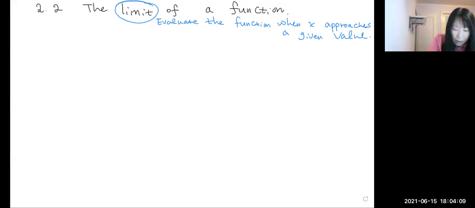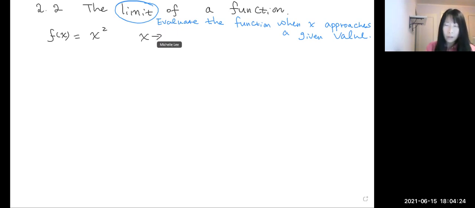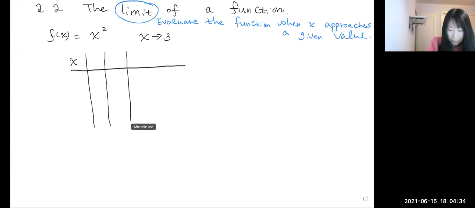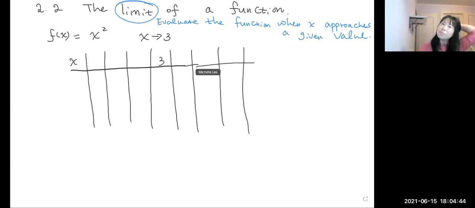So we have f of x, function notation, which is x squared, a parabola. Okay, we know that. How about when x approaches 3? Then we can make a table, right? So x equal to maybe 3 here. Which numbers?